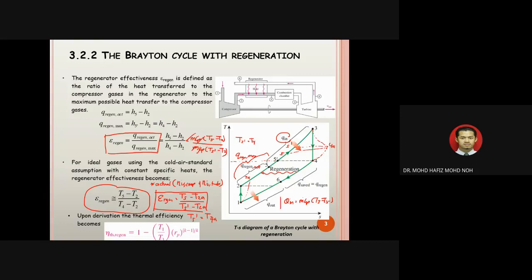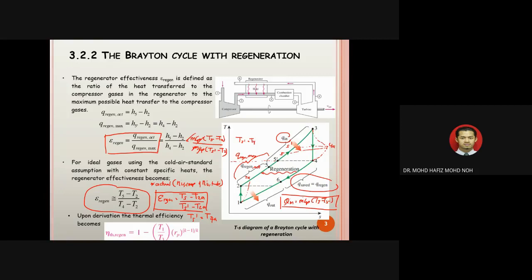When you rechannel the hot gases from the turbine to the regenerator, you have a Q save. Q save is equal to Q regeneration, which is T4 minus T6, equal to T5 minus T2 or T2 actual.